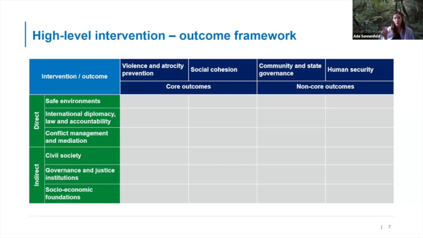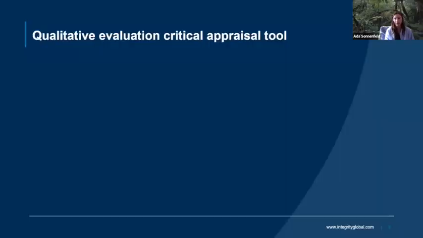And for each box in the matrix, you'll see a bubble that if you click, you'll be able to access the studies that report for that type of program and that type of outcome. So that's what it's going to look like in the end. I will now, with apologies for the very rapid overview that I've just given you, hand to Hikari to talk you through the qualitative evaluation appraisal tool.